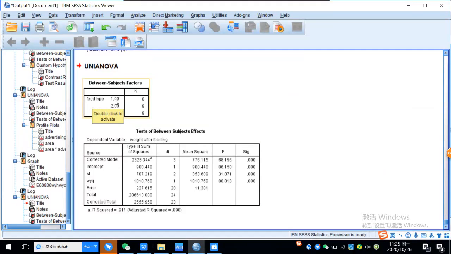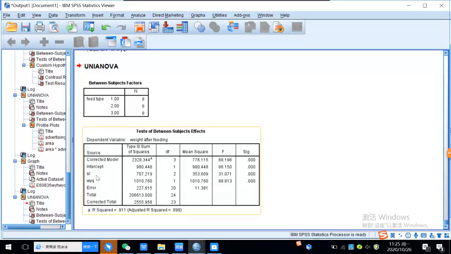Now look here. Feed type: type 1, type 2, type 3. Each type has 8 cases, so totally we have 24 pigs. Then here's the result.